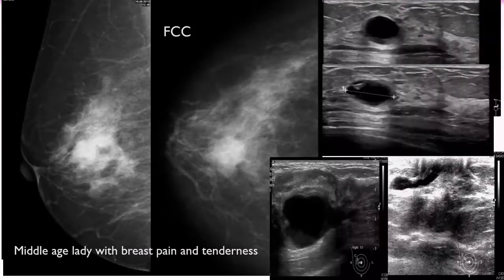Look at the ultrasound. It shows a microlobulated cystic lesion with circumscribed margins. However, there is an angular point of the cyst bilaterally.